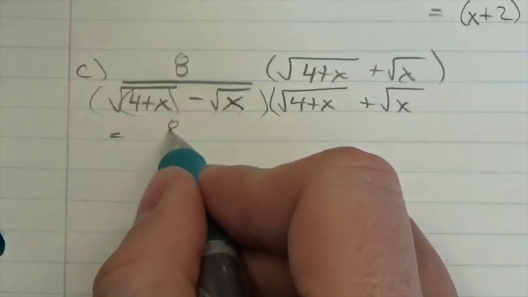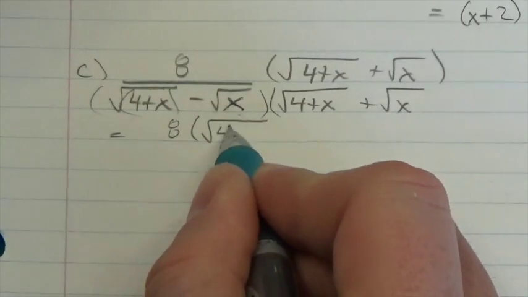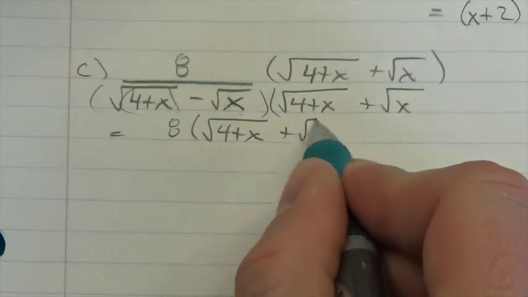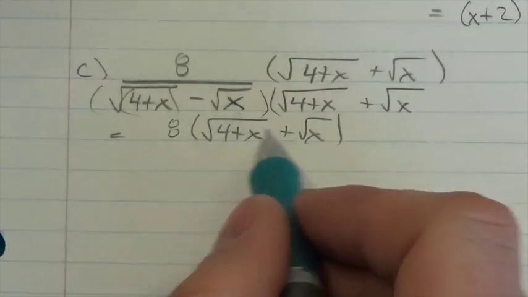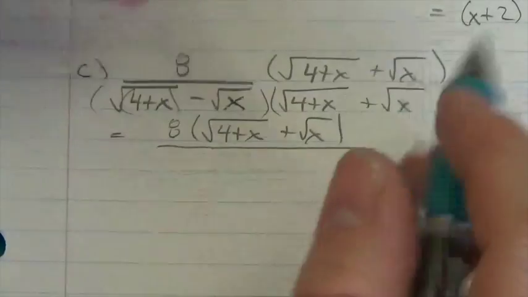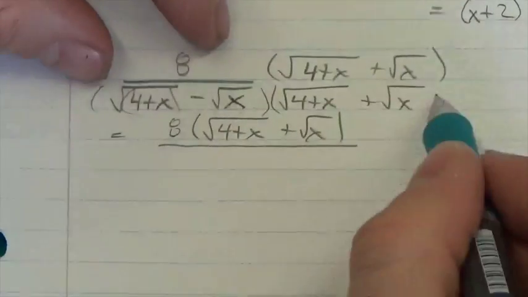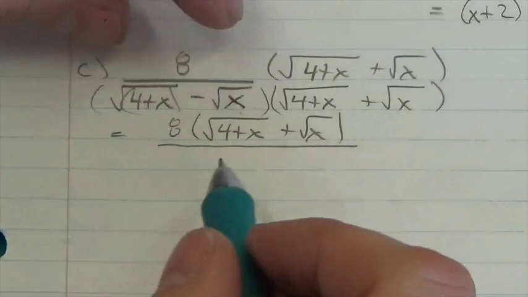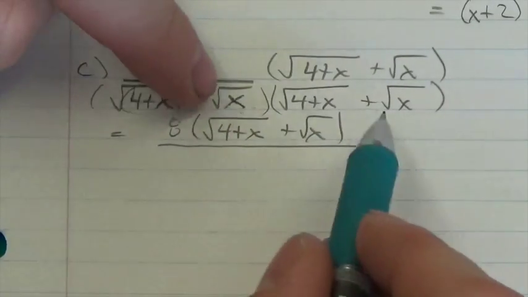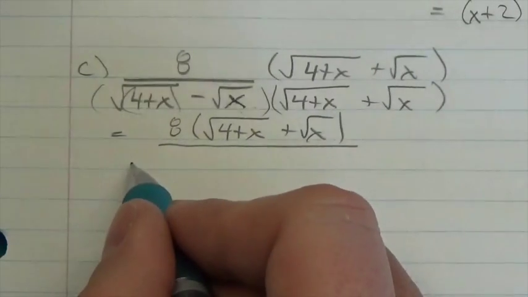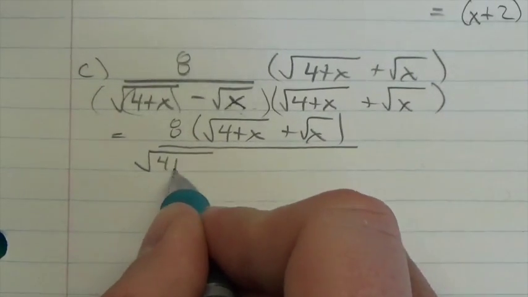So the numerator will be 8 multiplied by, and I will just leave that in brackets there, root 4 plus x plus root x, all over. Now, when I multiply these out, because these are binomial conjugates of each other, I am going to get the first term squared minus the second term squared. I'll write this out, and hopefully everybody will catch what I'm doing here.